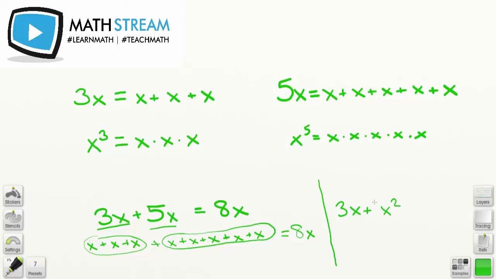I'm going to put a 2 just to make it a little bit easier to see here. A lot of times when we have something like this, a common mistake that somebody would make is they would say, oh, 3x plus 2x squared. Well, I see a 3x and a 2x, so I'm going to make that 5x. And then sometimes we just throw on the squared at the end.